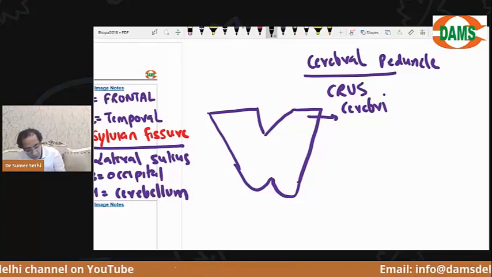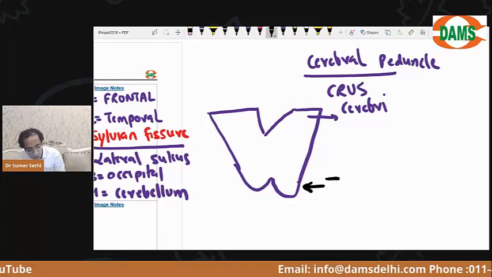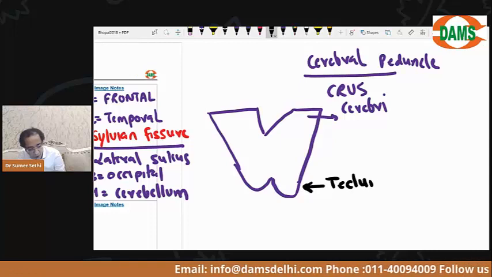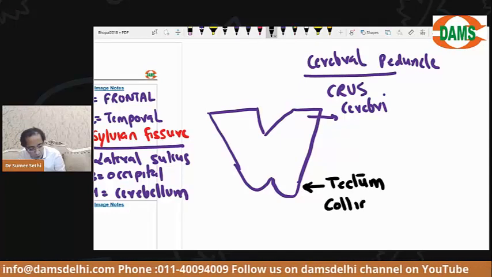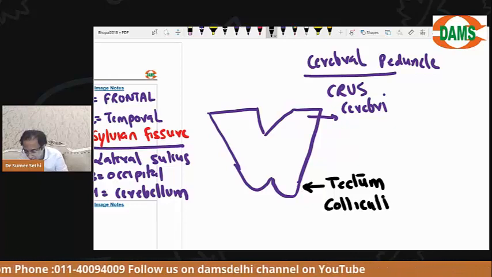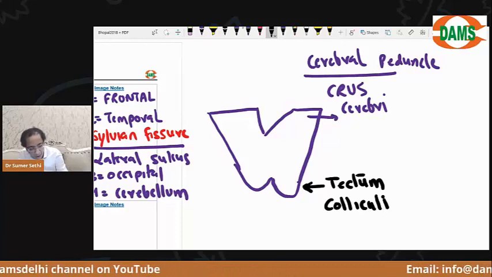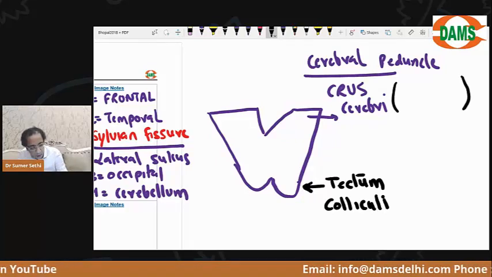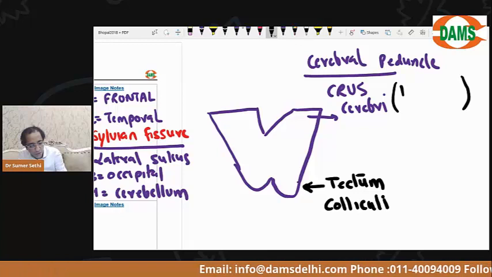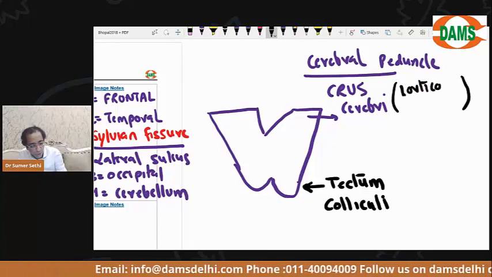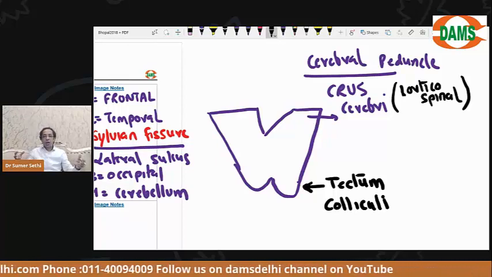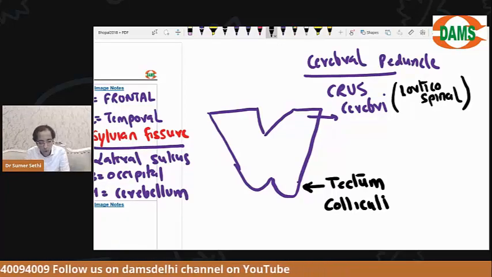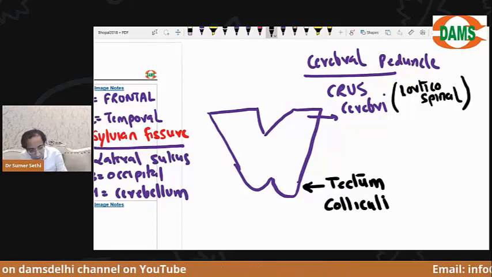So this is the crus cerebri, and this is the dorsal part, which is called the tectum, where we have the colliculi, superior colliculi and inferior colliculi. Everybody clear? In the crus cerebri, look carefully, this is where you have your corticospinal tracts, your pyramidal tracts, going through.